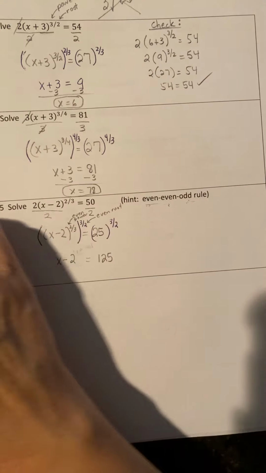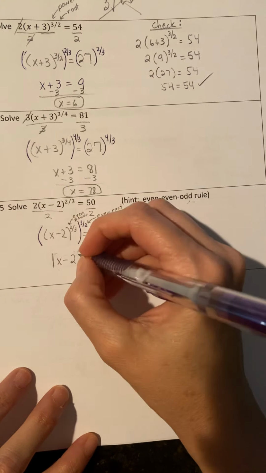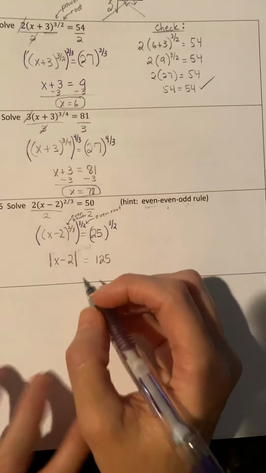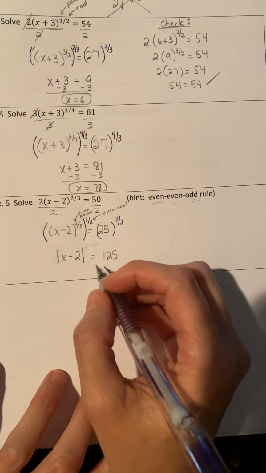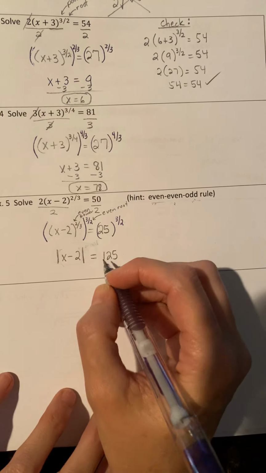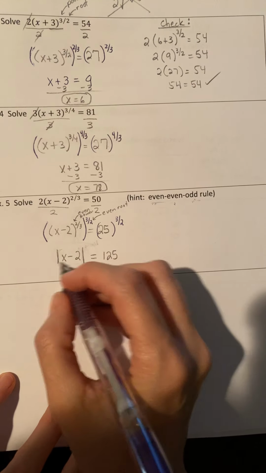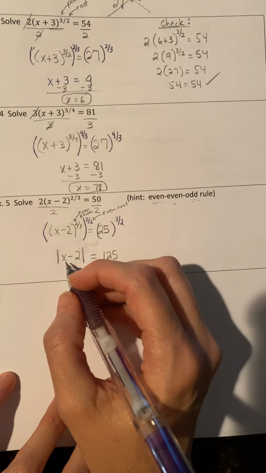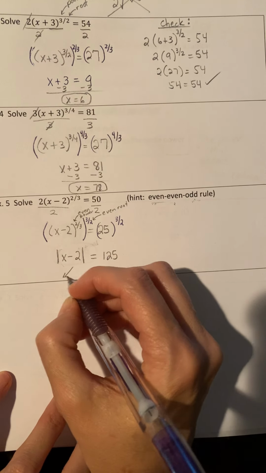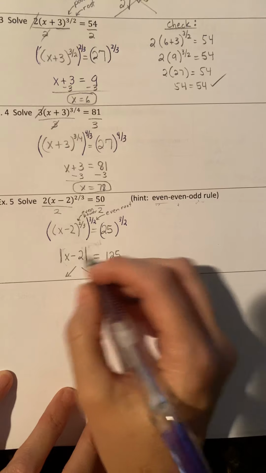We would put absolute value bars around it, like that. Well, what's going to happen here is that's going to give us 2 different answers. See, way back in chapter 1, I mean, this was a long time ago. This was August, y'all. Or maybe September when we did this.